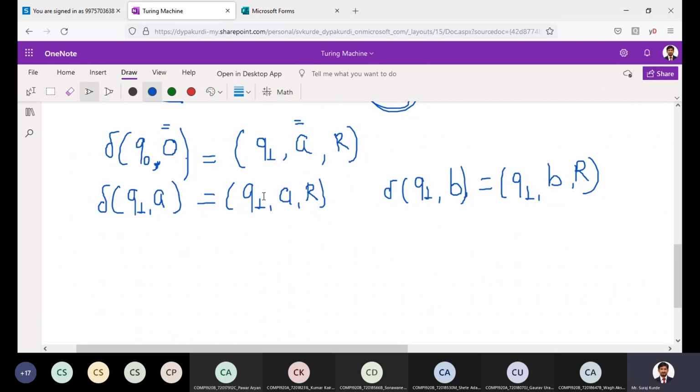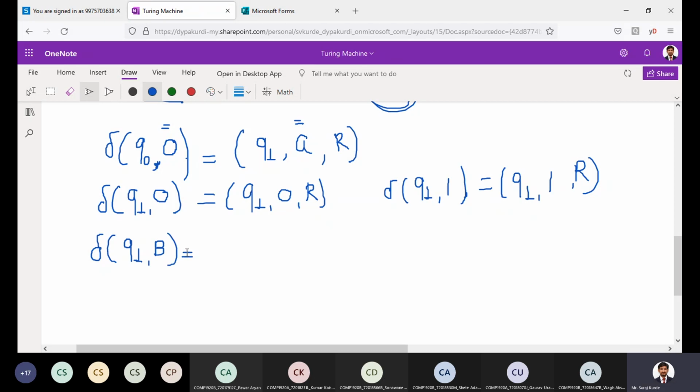Sorry, it will not read A. Initially, what will it read? 0 and 1. So it will read 0, keep it 0. If you read 1, then keep it 1 and move to the right side. Now, somewhere it will read blank.